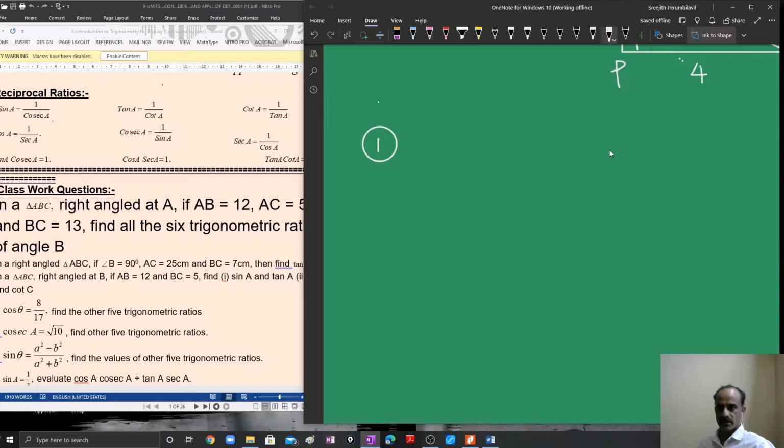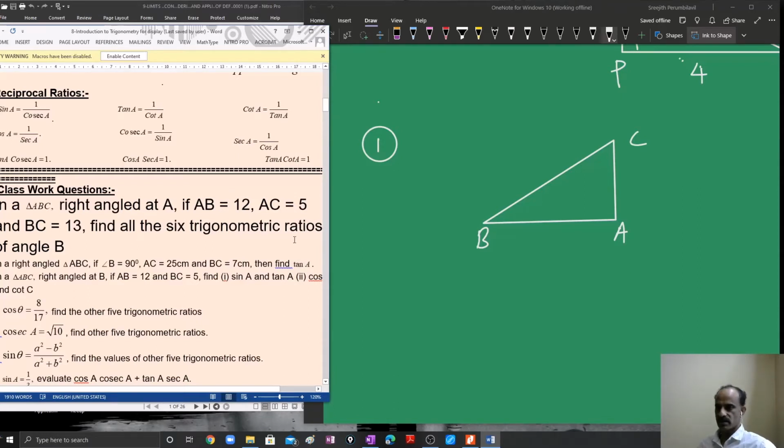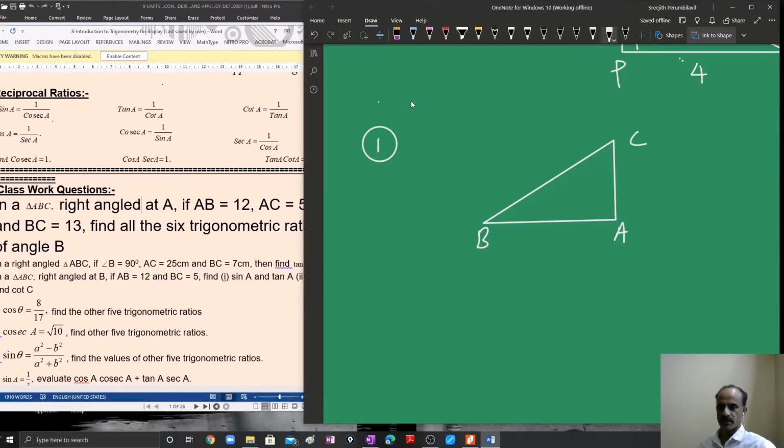In triangle ABC, right angled at A, find all 6 trigonometric ratios of angle B. This is the angle that we are under consideration. So this is the opposite side, this is the adjacent side, and this is the hypotenuse.